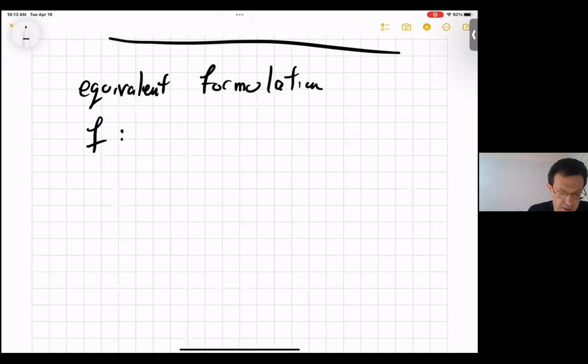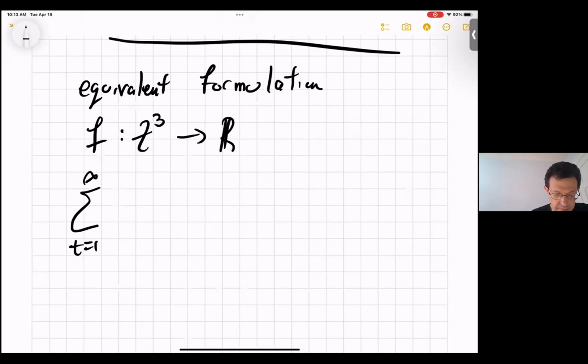So if you have a function f from Z^3 to R, and there's an analog of this for Z^5, then you do the following. You look at t going from 1 to infinity, and you look at f(x, y, z + t) minus f(x, y, z).